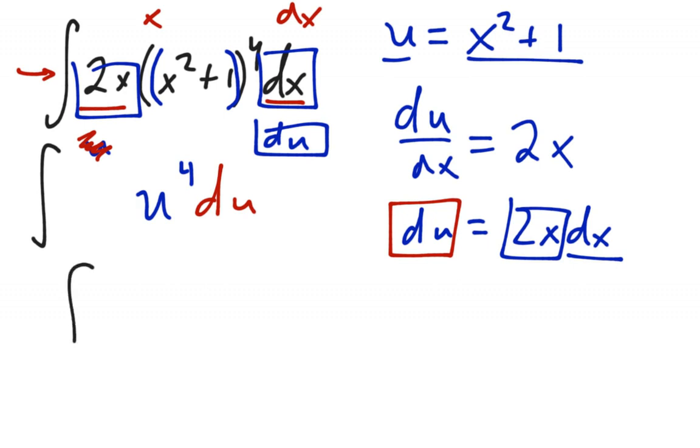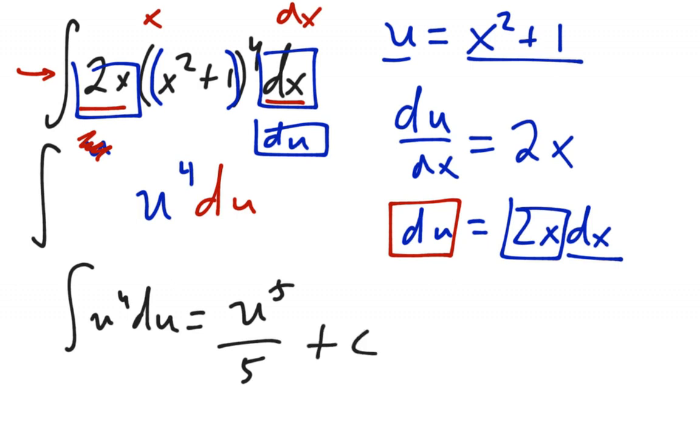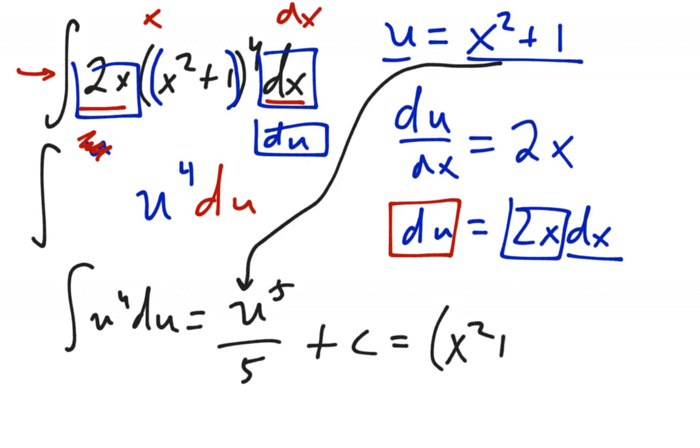And now I can integrate u to the fourth du because this is a basic integral. I add 1 to the power, u to the fifth, divide by the new power, add c, and I'm almost done. Except the thing that I need to do is substitute back the original function. And so my final answer will be x squared plus 1 to the fifth divided by 5 plus c.